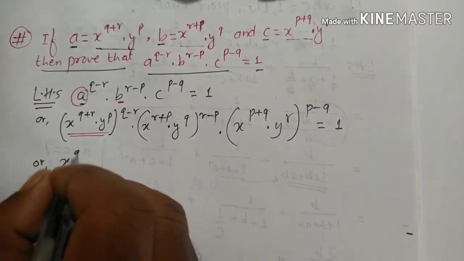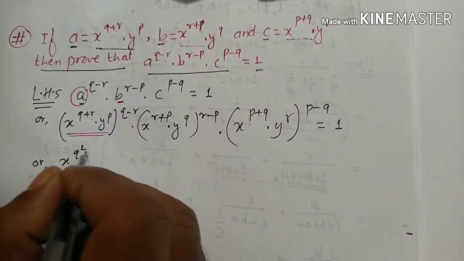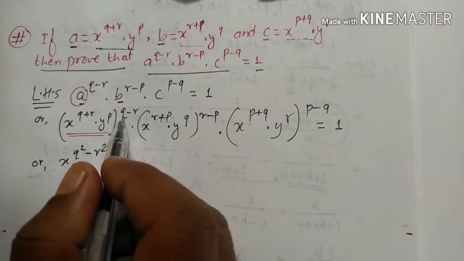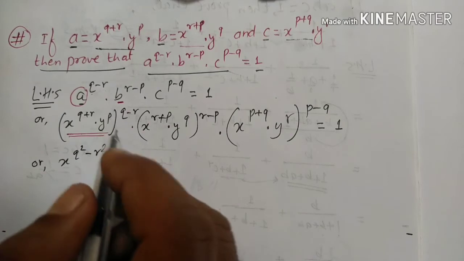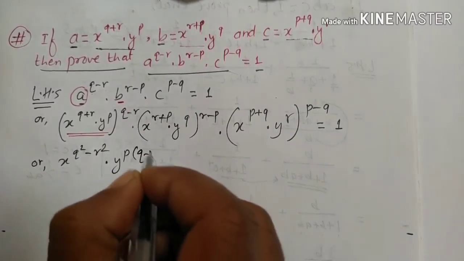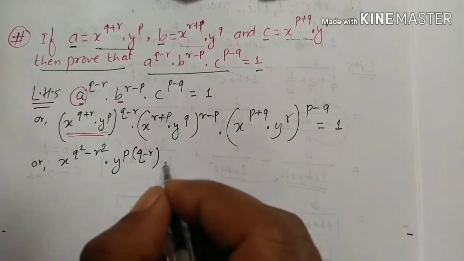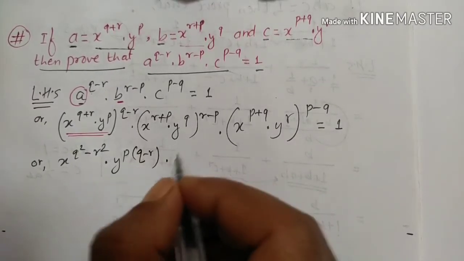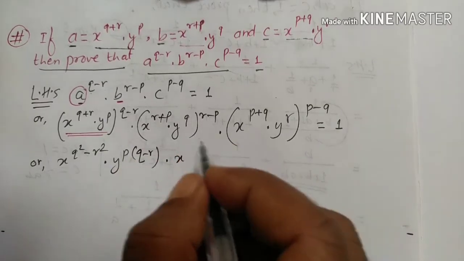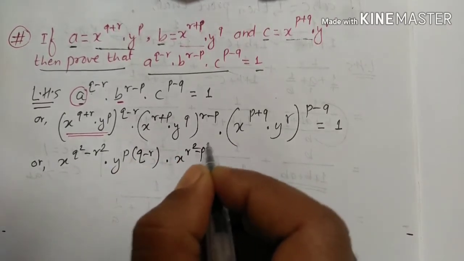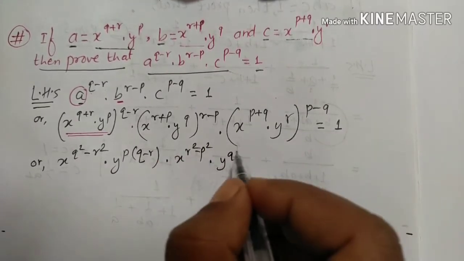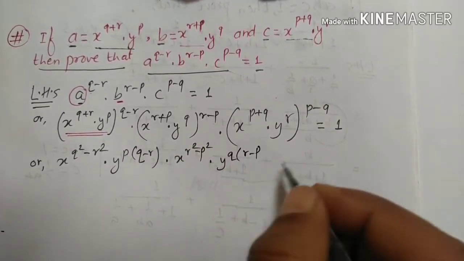So you can write x power q square minus r square. This power q minus r is for this y power p also, so y power p times q minus r. This x is this x, and now r plus p and power r minus p will be r square minus p square, times y power q times r minus p.